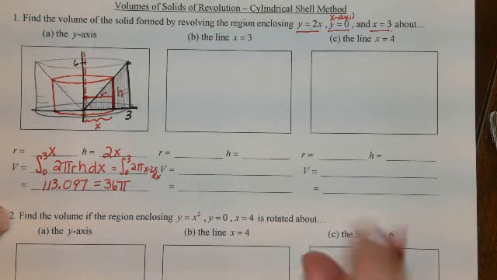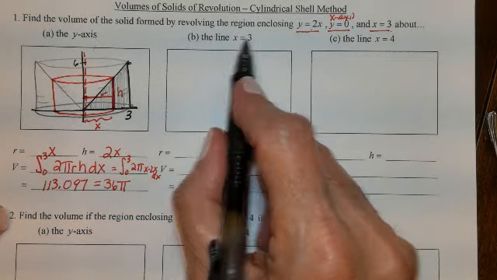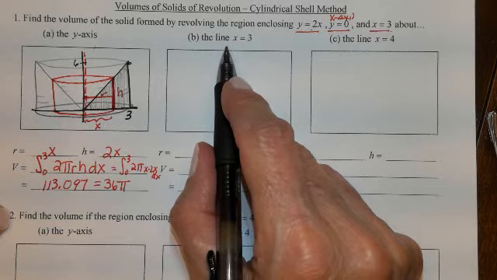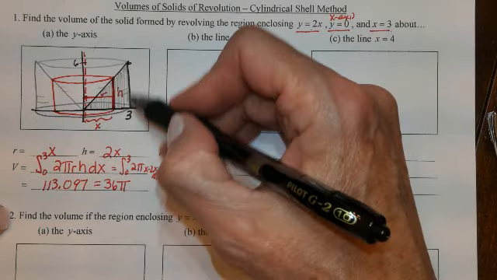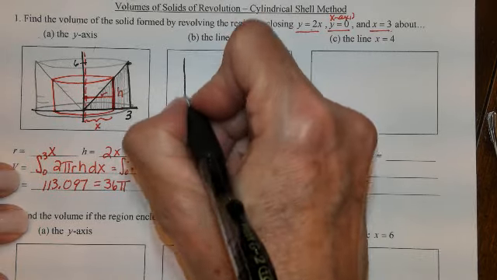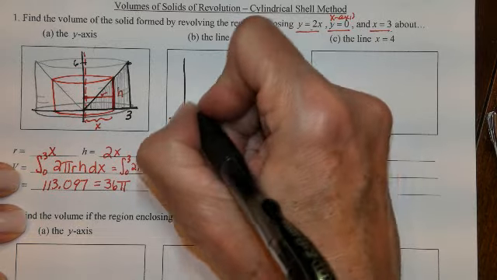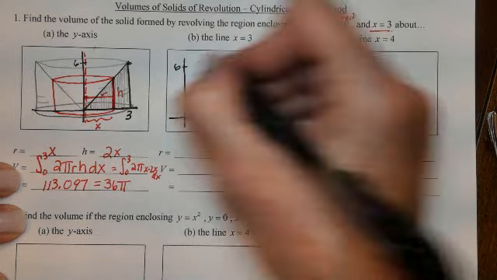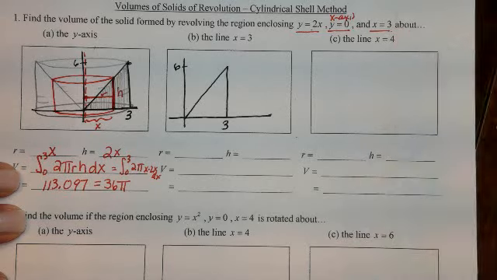Let's take a look at another. Same region. This time we are revolving it around x equals 3. That's over here, right? So when I draw it, I'm going to draw it way over here. Okay, there's my region.